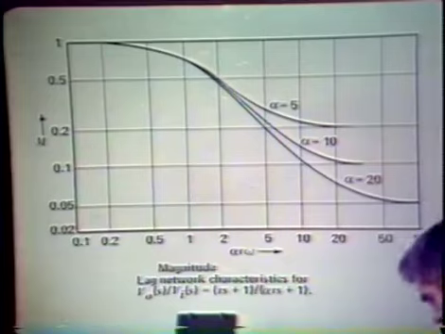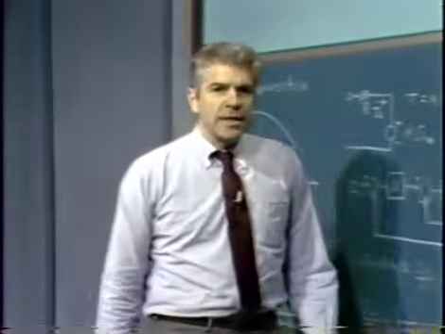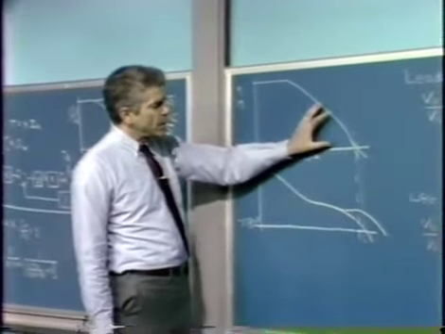The way we exploit this network, or at least one way that we can do it, is as follows. We try to use the lag network to push down the magnitude over a range of frequencies.